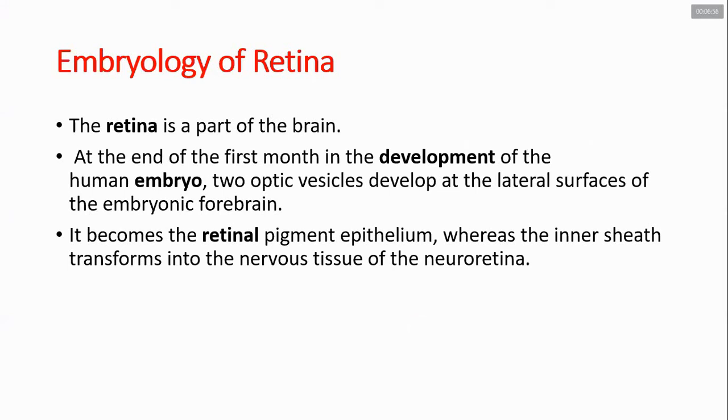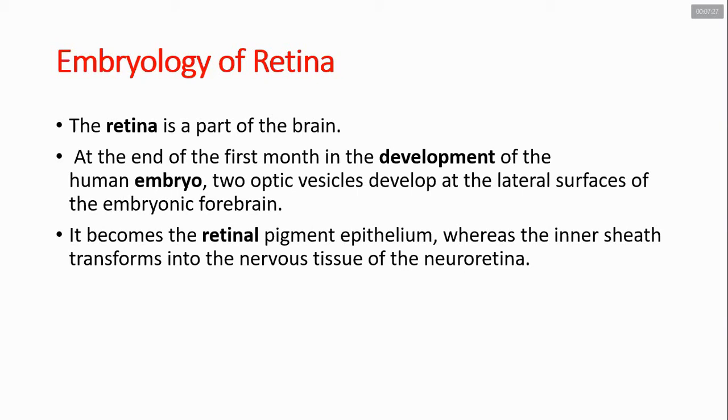At the end of the first month in the development of the human embryo, two optic vesicles develop at the lateral surface of the embryonic forebrain, and the outer sheath becomes the retinal pigment epithelium, whereas the inner sheath is transformed into the neurosensory retina. So we know that during embryogenesis, it is developed from the forebrain.